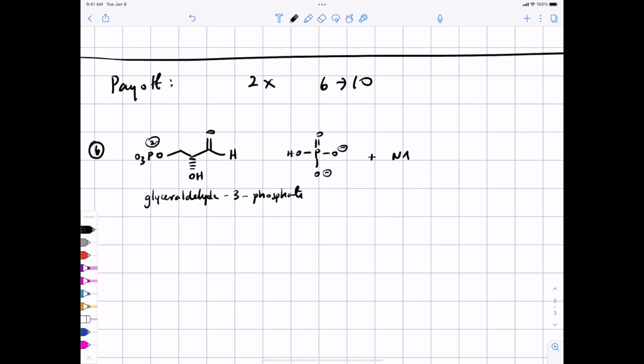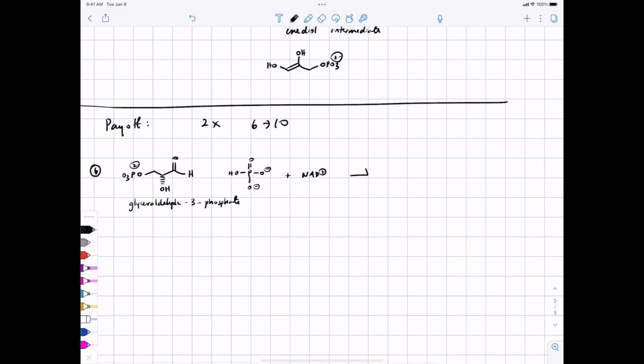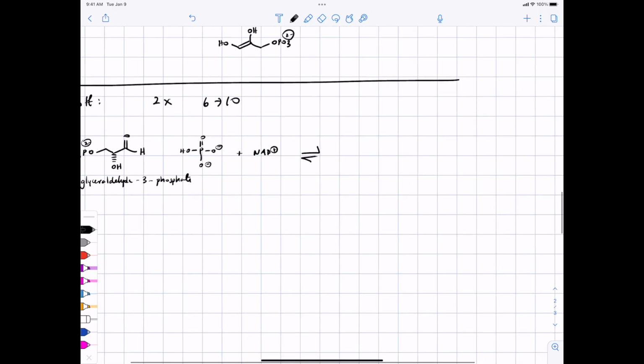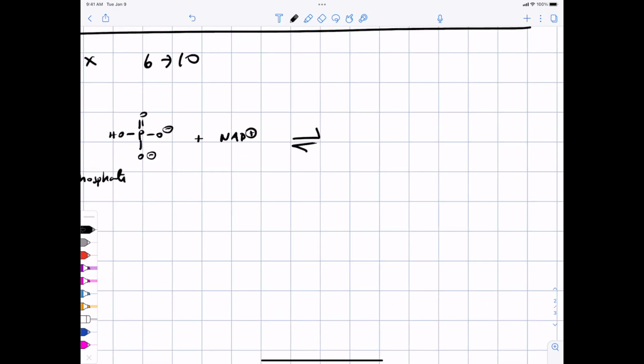And we're going to need NAD+. And the product is the carboxylic acid version.